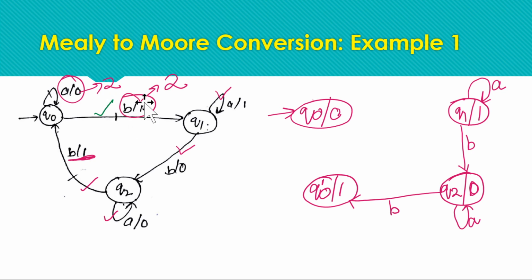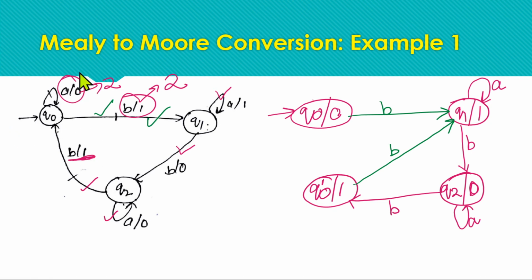For input symbol B we are moving to the state Q1 and the output is 1, so we need to move to the state Q1 with output 1. As we have only one such state, we move from both Q0 states to Q1 for input symbol B to get the output 1 from Q1. Okay, so this transition is also complete.